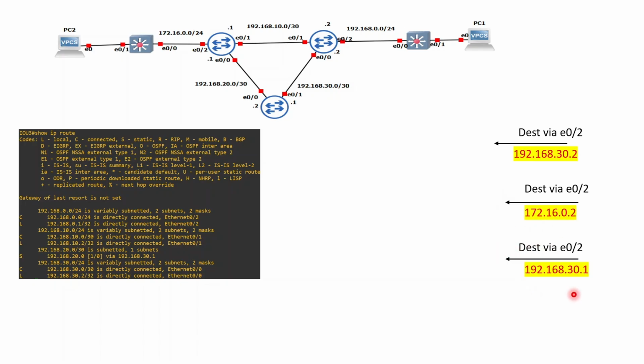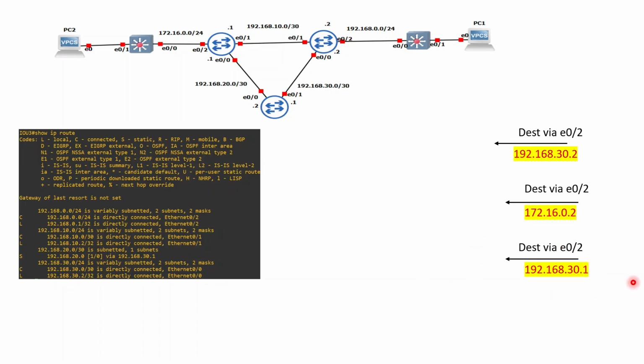Now, okay, this time the router receives a packet via its interface Ethernet 0/2, and it contains the destination address 192.168.30.1. Once this packet arrives at its interface Ethernet 0/2, the router for the first time is going to decrypt this packet.